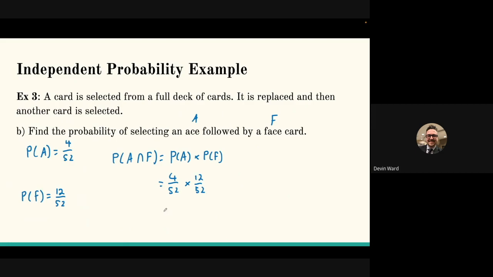Okay. If we bring these down to lowest terms, that was 1 out of 13 times, this was 3 over 13. They are both divisible, just 2 divided by 4 again.